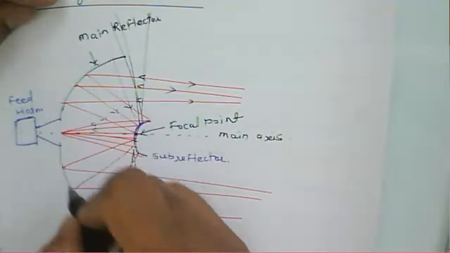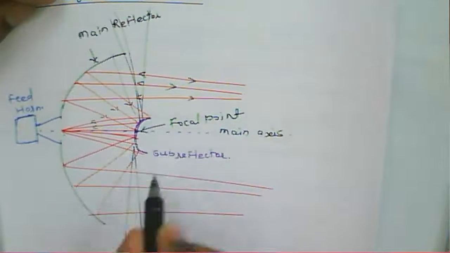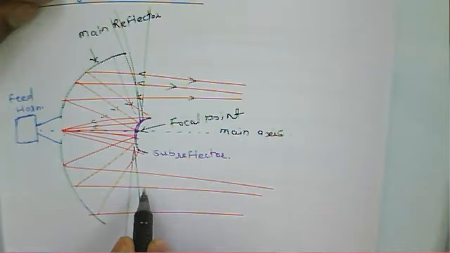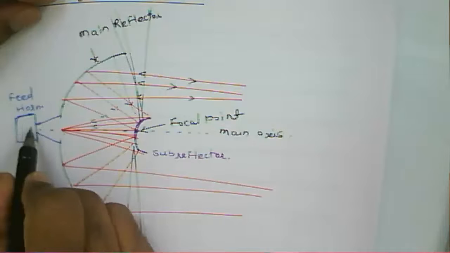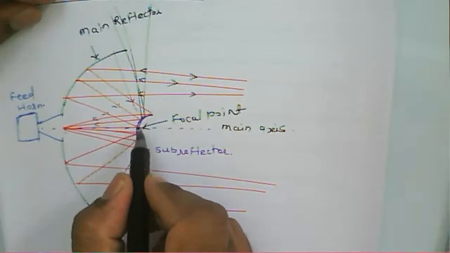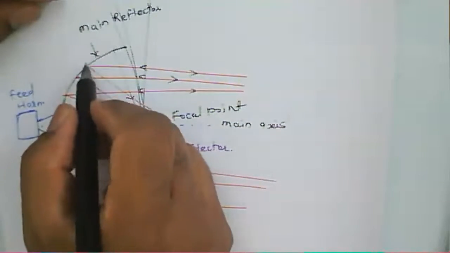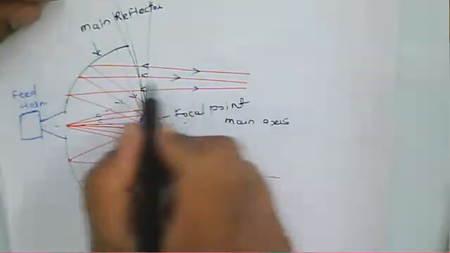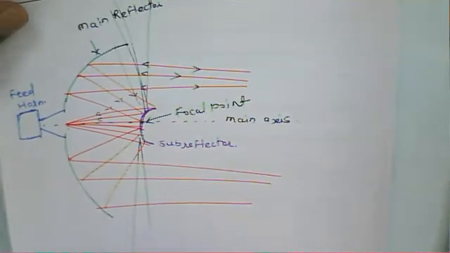One is the main reflector, which is a parabolic reflector, and at the focal point there is a subreflector. Now, the signal coming out from this horn antenna is incident on the subreflector, reflected to the main reflector, then again reflected from this, and this way we can use it as a transmitting antenna.